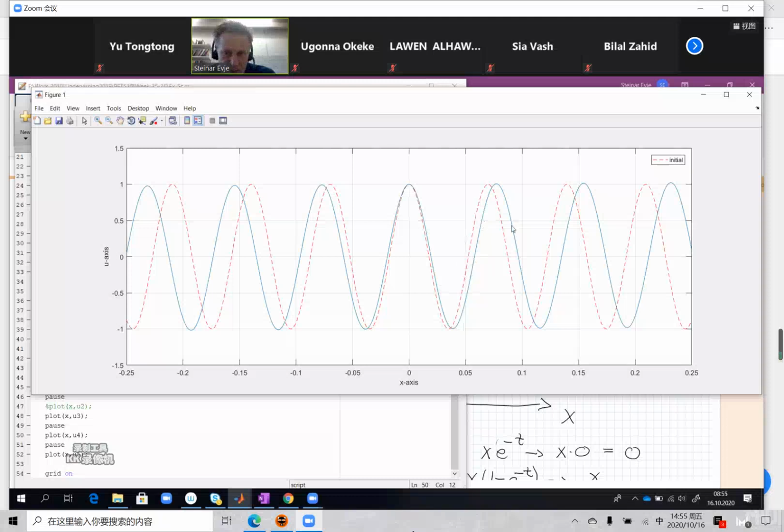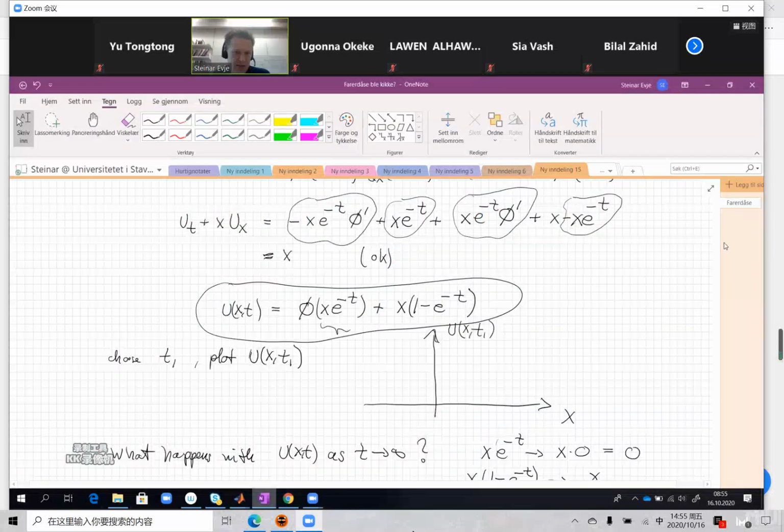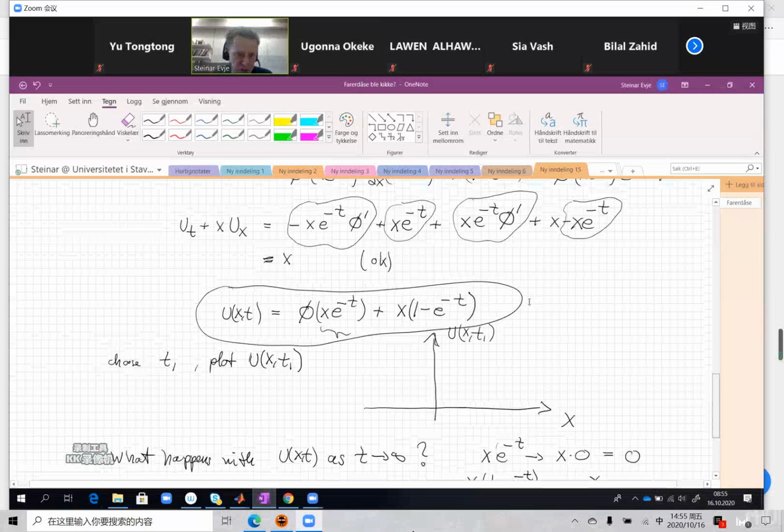There clearly is a displacement towards right, and it becomes stronger and stronger for larger x. And if we go back and take a look at the characteristic, this amounts to transport along this characteristic.